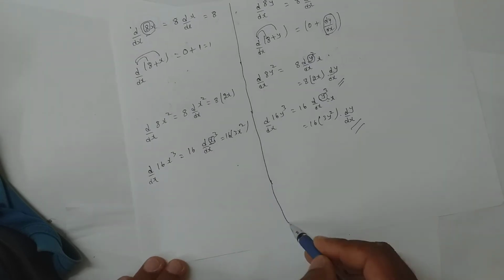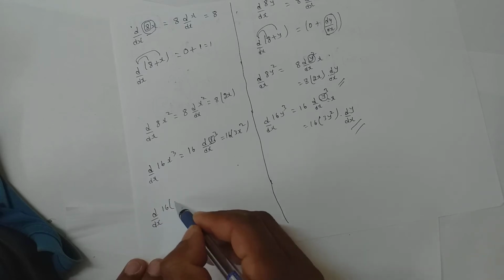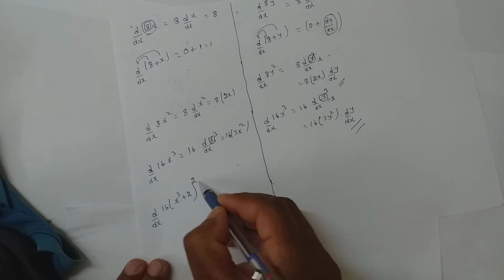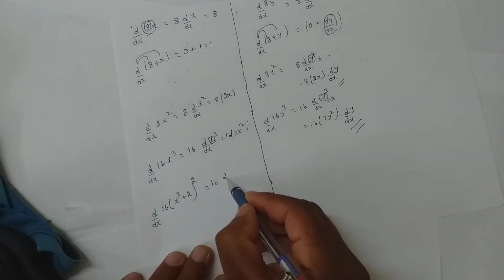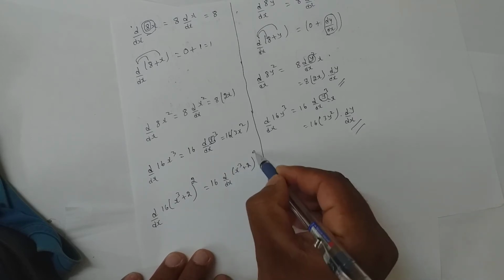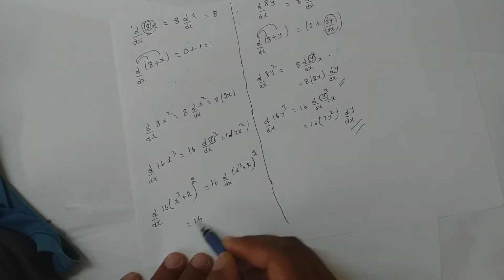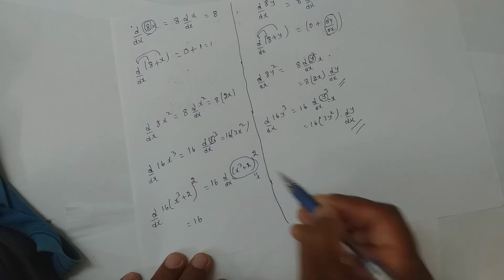Now next example. Had it been d by dx of 16 into x cube plus 2 whole power 2. Now how do you do? 16 again comes out, d by dx of x cube plus 2 whole power 2. This entire thing you need to assume to be x.